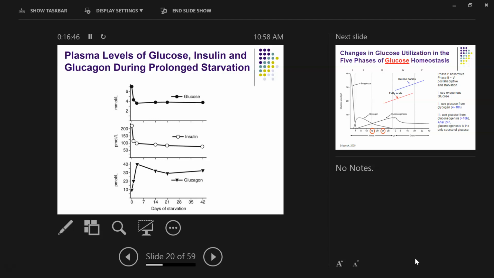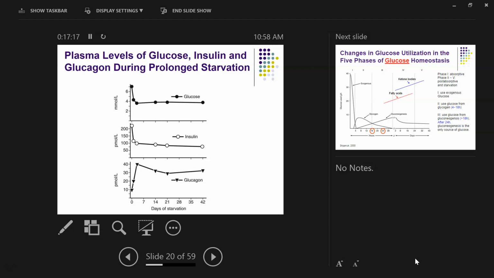And again, this slide shows us the patterns of the glucose, insulin, and glucagon levels in the circulation during the post-absorptive phase. So what we expect is that glucose levels drop if we don't eat a meal, and that also causes insulin levels to decrease.